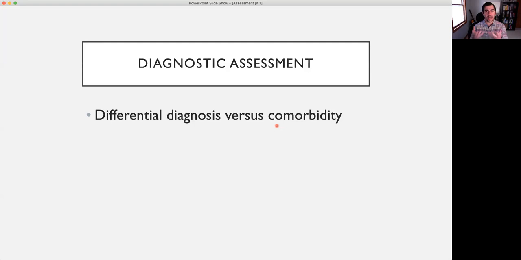And so we can have two problems that coexist. So depression and anxiety, we often see happening together. And so we potentially can give both a depression diagnosis and an anxiety diagnosis, as long as we can separate them and say that they're both kind of separate problems that are occurring at the same time.